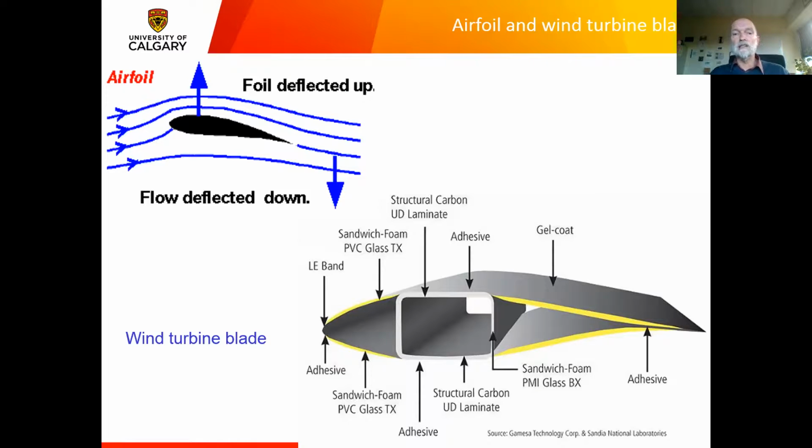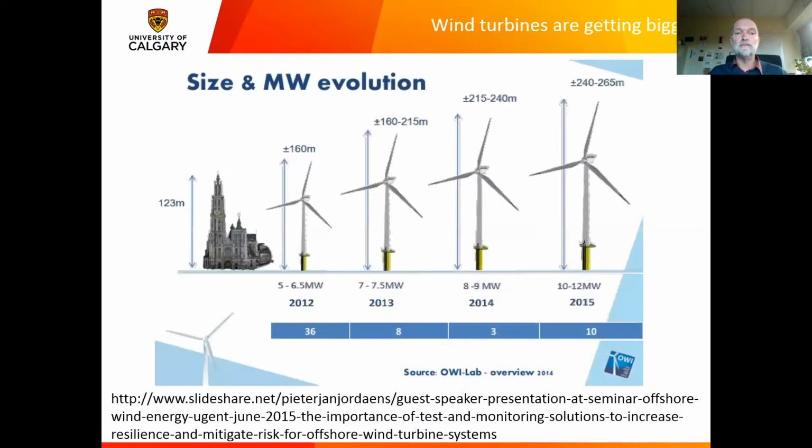If you look at a section through a wind turbine blade, and you can see that on the bottom right of the screen, don't worry too much about all the details of the structure of the blade, even though that's very interesting. It would take a long time to explain that in detail, but just look at the overall shape of that section through a wind turbine blade. It looks very much like an airfoil, and in fact it is an airfoil. So that reinforces the idea that there's a close relationship between aircraft wings and wind turbine blades.